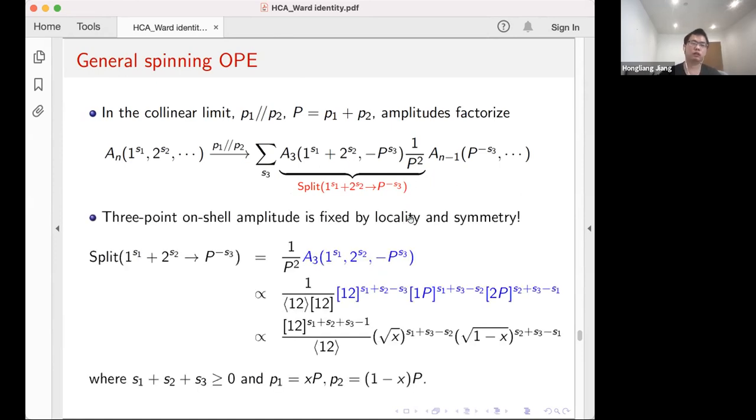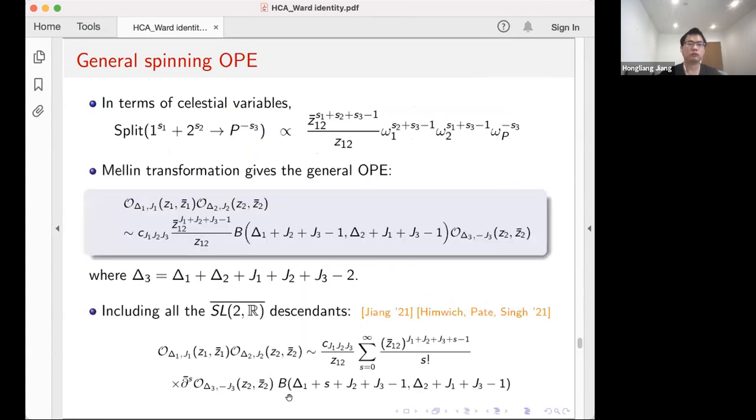We know that this 3-point amplitude is uniquely fixed by locality and symmetry, so we have an explicit expression for it, given by this square bracket in terms of spinor helicity variables. And we can simplify further in terms of x, which is the ratio of the two momenta P1 and P.